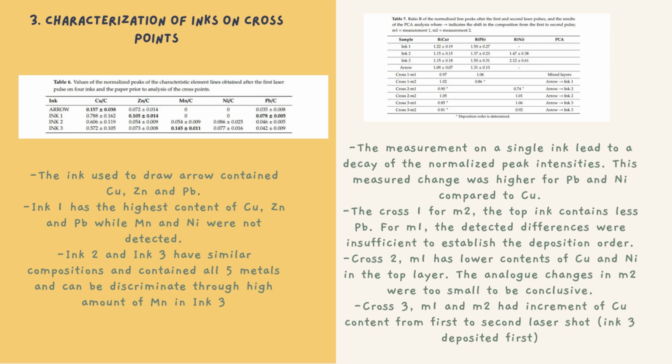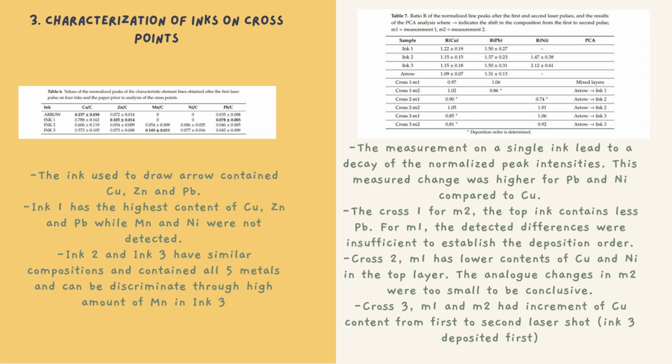The first ink had the highest content of copper, zinc, and plumbum among the samples, while manganese and nickel were not detected. For the second and third ink, they had a very similar composition, and they contained all 5 metals. However, they could be differentiated through the much larger presence of manganese in the third ink.